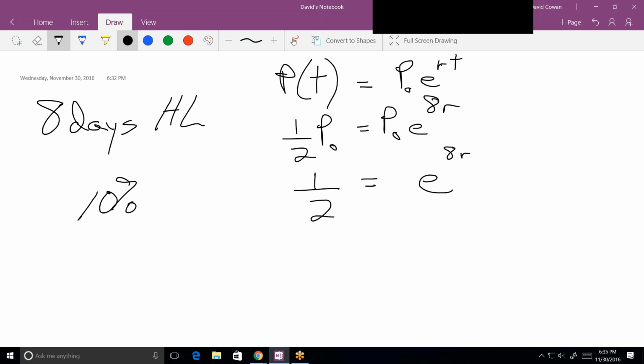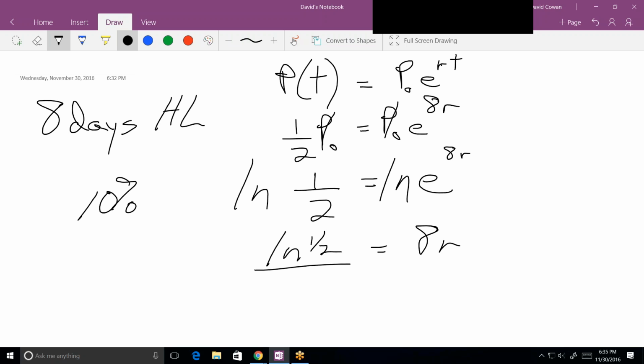Yeah, when you divide both sides by P, it's always just that. So whatever that coefficient is over here is your answer. Now what? Then take the natural log of both sides. And then you can change the right side of the equation to just 8r. And then divide both sides by 8.